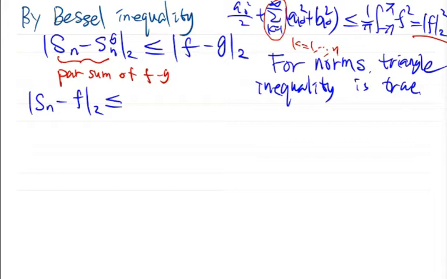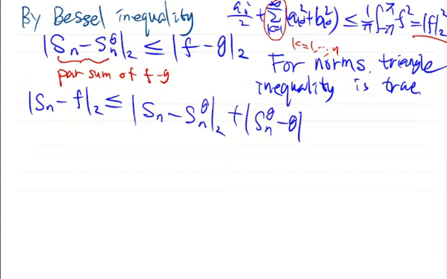So by the triangle inequality, the L2 norm of Sn f minus f is not greater than the L2 norm of Sn f minus Sn g, plus Sn g minus g, plus g minus f. This is the triangle inequality. Although we have not proved this, it is not difficult.